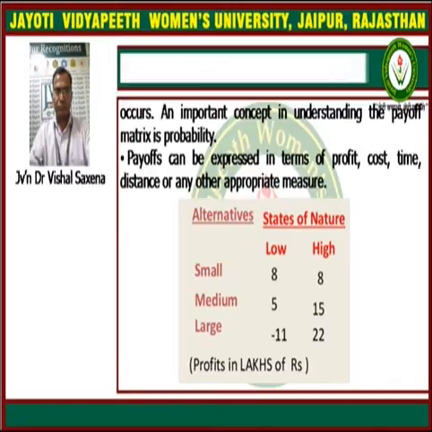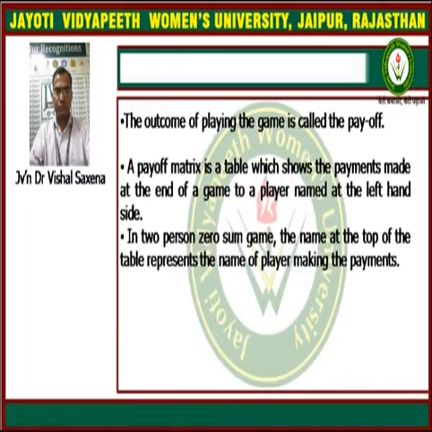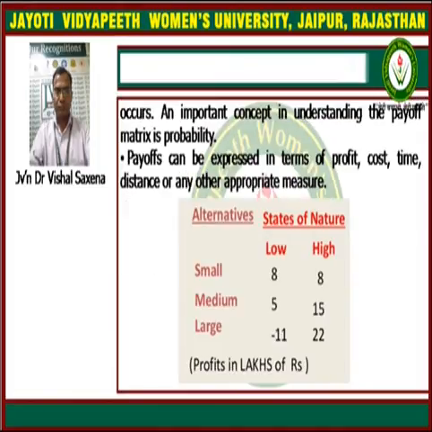For the small alternative with the high state of nature, the profit will be 8 lakh rupees, and for the medium alternative with the low state of nature, the profit will be 5.